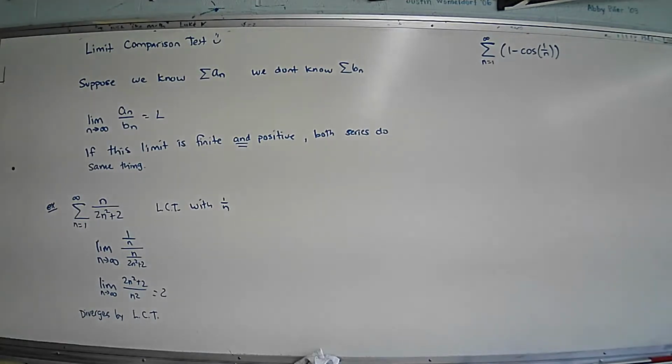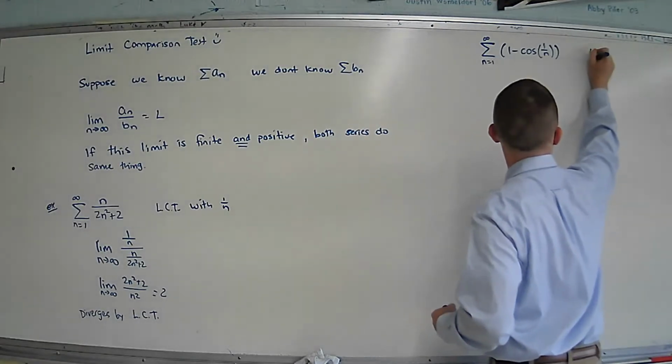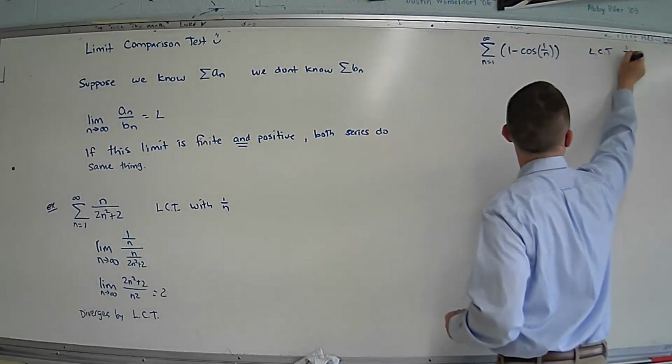So we got to do a limit comparison test. What's something that you might want to use? Pick a series that you know what it does, that's easy to work with. 1 over n? I'm going to try 1 over n. Okay, let's try 1 over n and see what happens. So we're going to do an LCT with 1 over n.